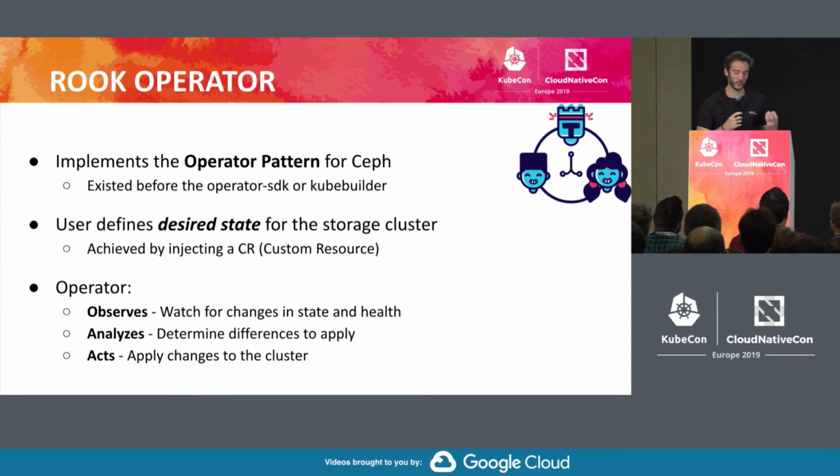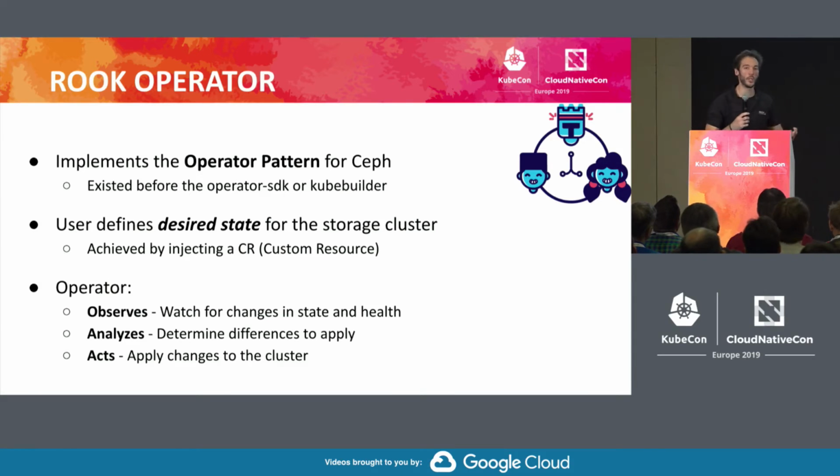What's really important to understand is that from a user perspective, the user always has to inject what we call a CR. So basically the CR is the instantiation of that CRD, and we're going to go through an example of a CR in a minute. But what's really important to understand is that Rook, with the help of Kubernetes, will always make sure that the desired state that was provided by the user will be maintained throughout the lifecycle of the cluster. And basically what Rook does is three main things, right?